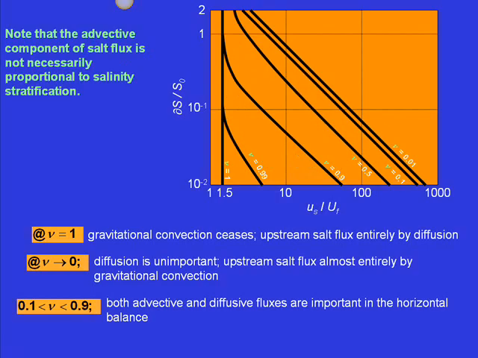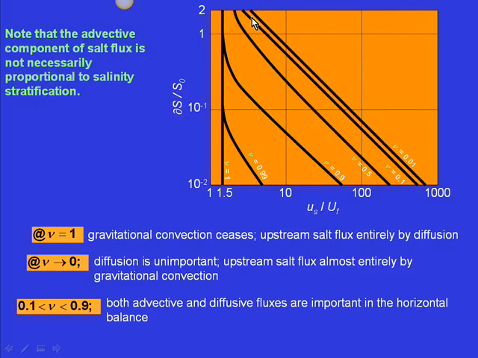So do you understand this distribution? One thing to note is that the advective component of the salt flux is not necessarily proportional to salinity stratification. So the advective component of the salt flux, which is this line, is not necessarily proportional.